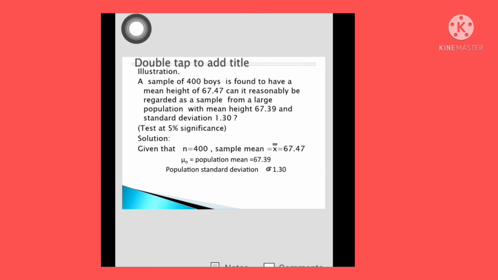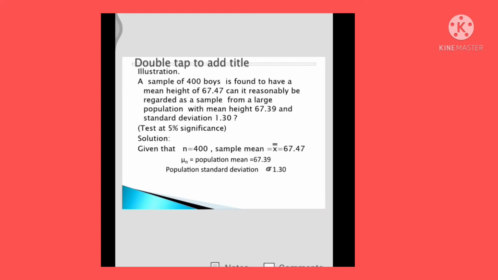Let us move to one problem. A sample of 400 boys is found to have a mean height of 67.47. Can it reasonably be regarded as a sample from a large population with mean height 67.39 and standard deviation 1.30?